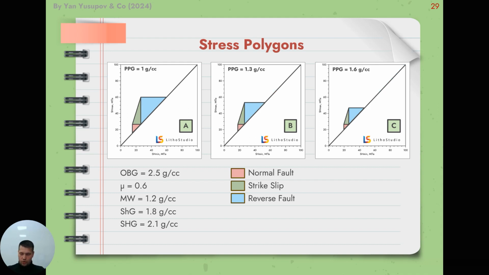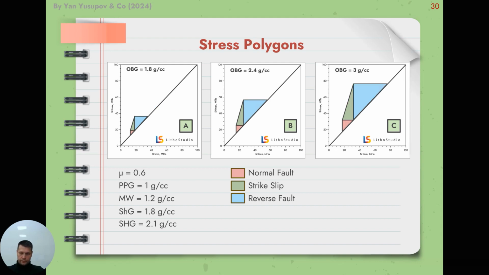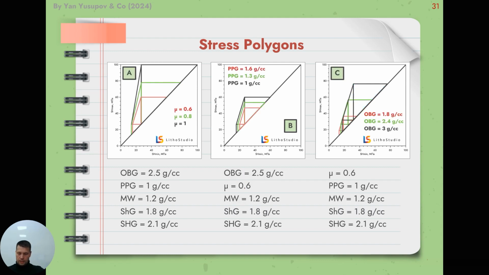The stress polygon with pore pressure gradient 1.6 is smaller than with pore pressure gradient 1.3 and 1, because an increase of pore pressure, according to the formula considered earlier, leads to a decrease of the stress polygon boundaries. In this case, we considered the overburden gradient and its influence on the size of the stress polygon. The combined stress polygon combines the previous results.